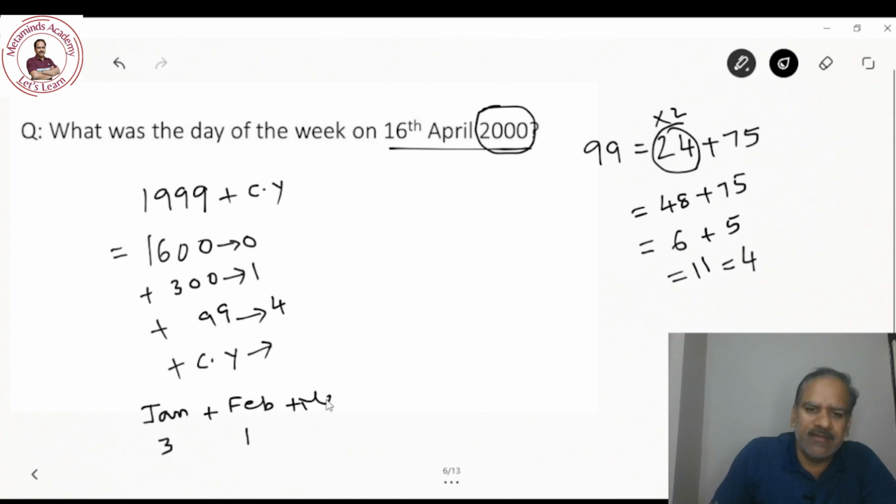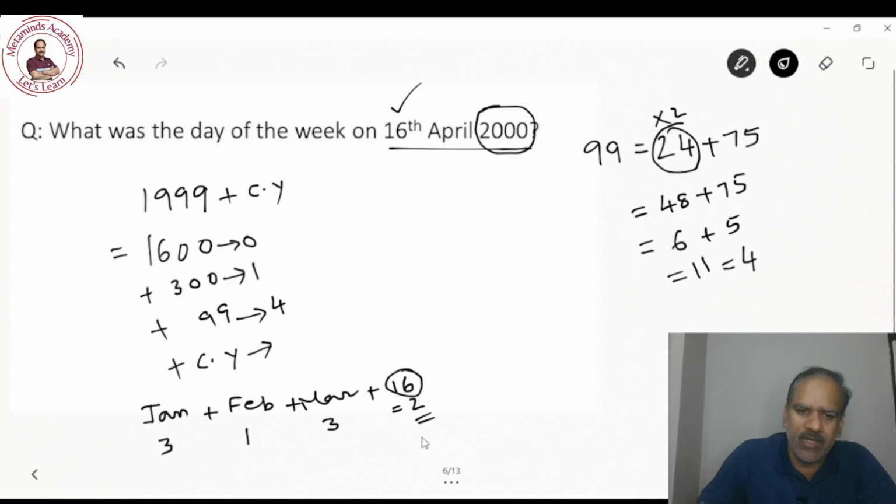Plus March has 31 days, which is equal to 3 odd days. Equal to means you divide it by 7, you will get a remainder. And current month is April. It has 16 days, which is equal to 2 odd days.